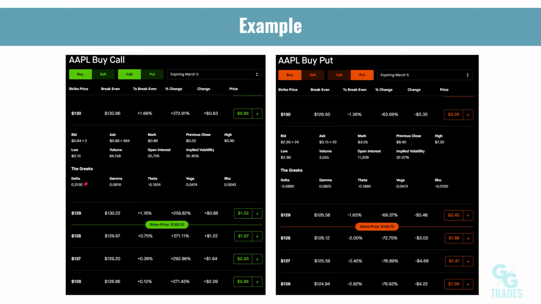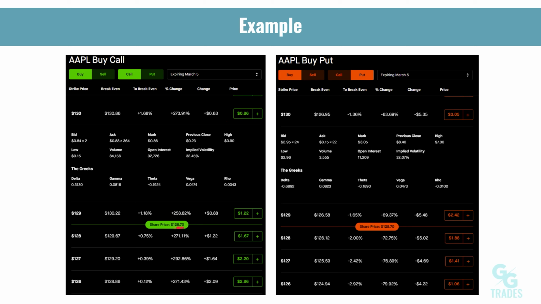And that leads me into what I want to say about delta here. When it comes to reading the delta, 0.31 is not really 31 cents for every dollar the stock moves. So let's say we're going to buy this 130 contract when the share price is 128.7. Let's say I bought it for 86 cents.